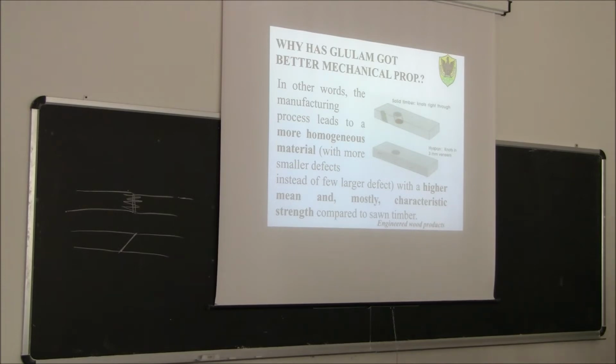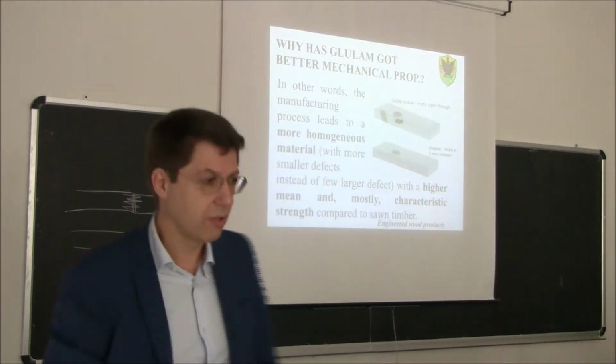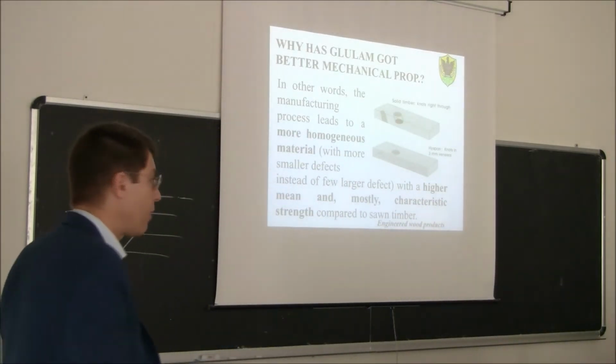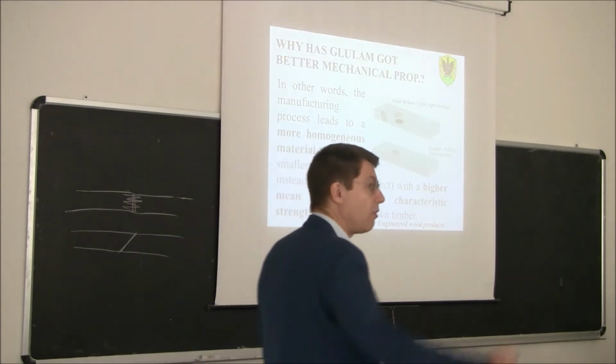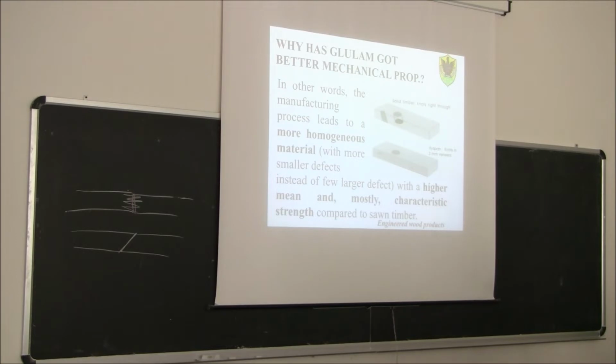So this knot has been basically spread out through the volume. So rather than having only one large knot, 30 millimeter thick, now I have 10 knots, only 3 millimeter thick, which are not, of course, in the same position. They're spread out through the volume. So according to the principle that we discussed yesterday, this product is much better than this, because the knot is much smaller.